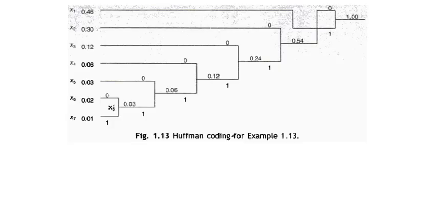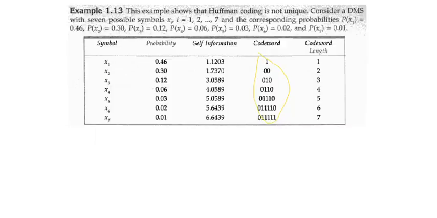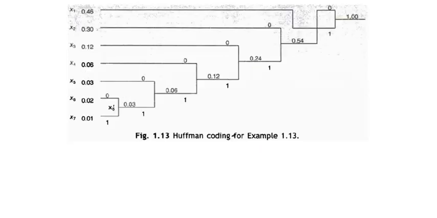Sorry, Huffman coding is also to be generated here. So, with the probabilities here, we should see this carefully. We have code words given and we have to generate code words by the use of Huffman coding. So, first step is that we should arrange the symbols in decreasing probabilities. Here also symbols are already in decreasing order: 0.46, 0.3, 0.12, 0.06, 0.03, 0.02, 0.01.